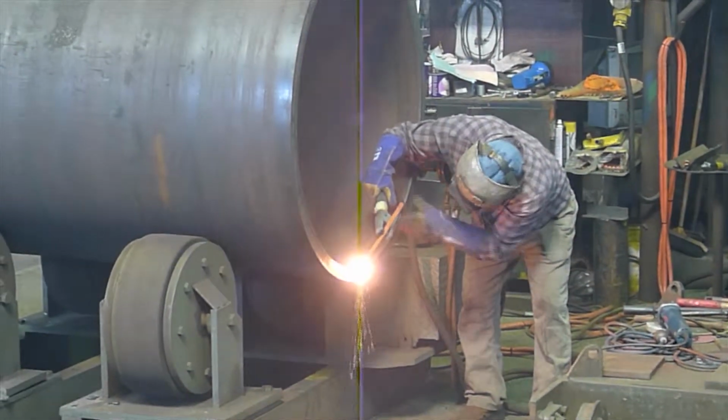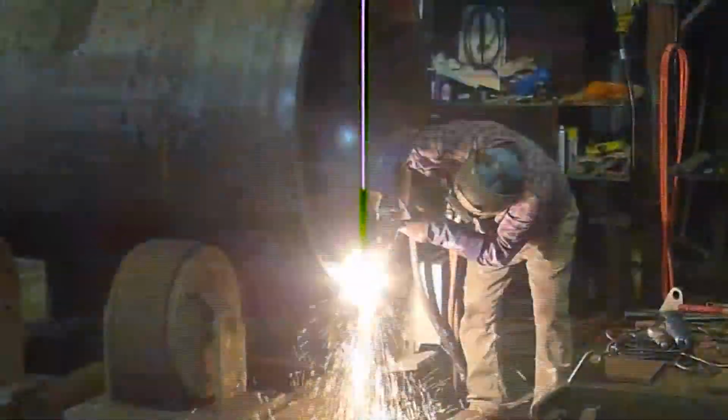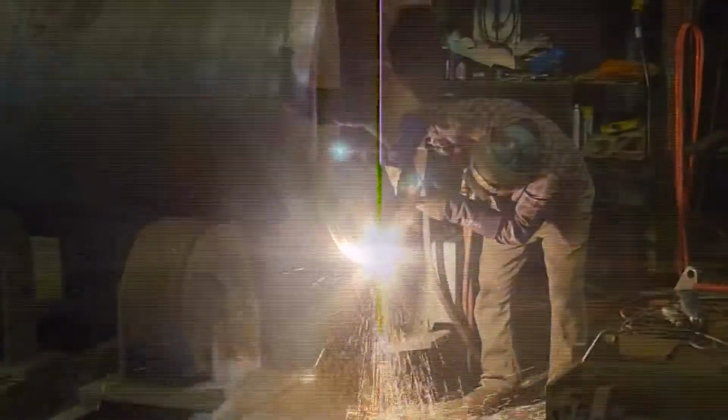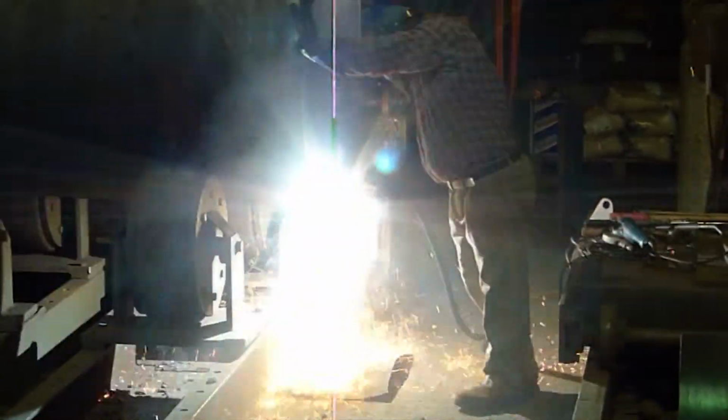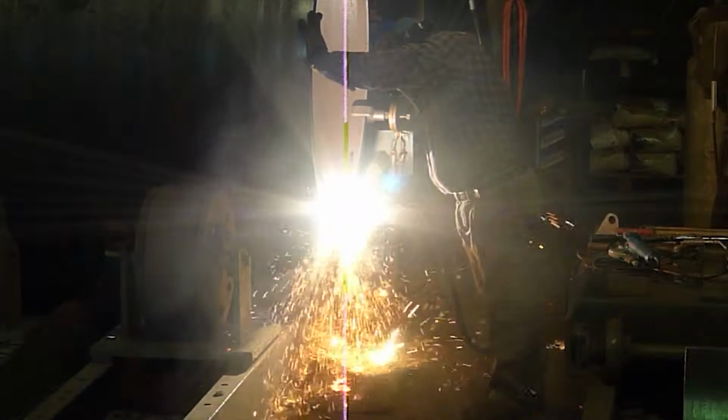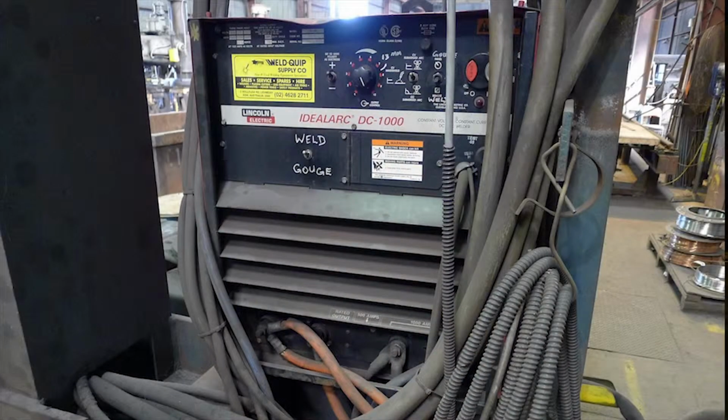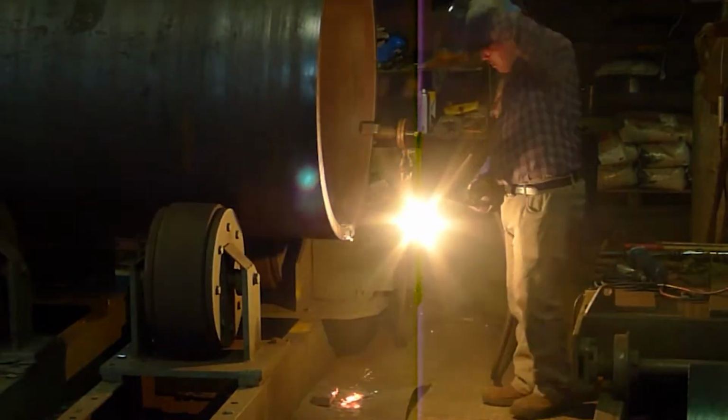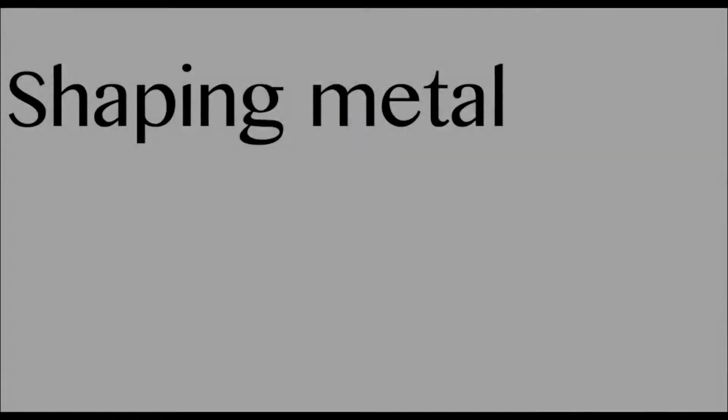In this case, some run-on plates and run-off plates are being removed after the completion of a submerged arc weld. This process is powered by a Lincoln Electric DC1000 running on 550 volts, which produces 1300 amps of DC output.